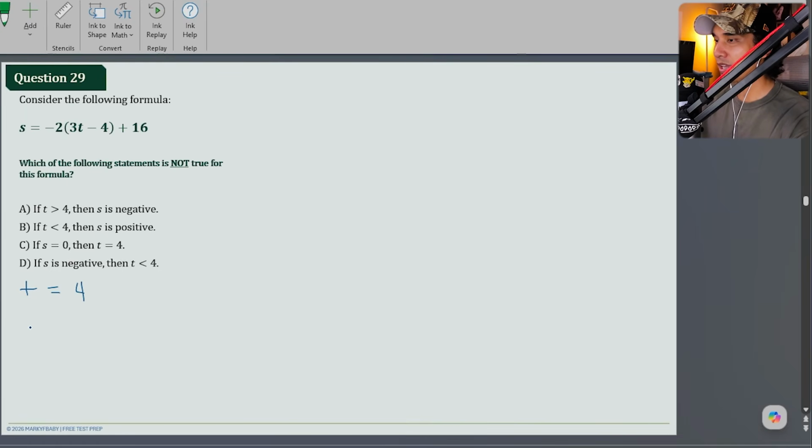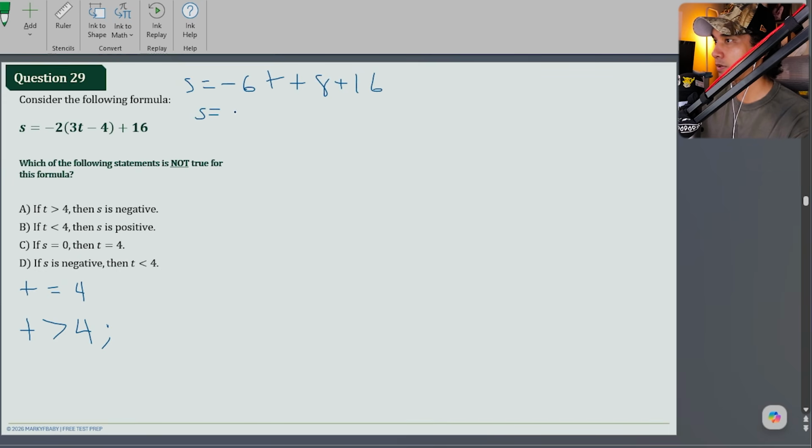Be prepared for it. Okay, let's see what happens when we have t greater than 4, above our cutoff. I am going to choose 5. Oops, I did not keep the simplified form, so I'm just going to do that all over again. S equals -6t plus 8 plus 16.